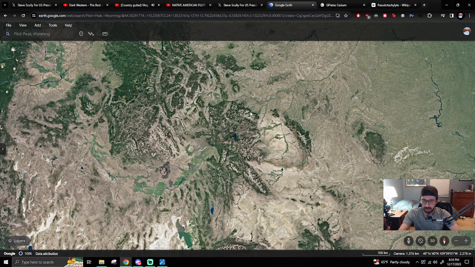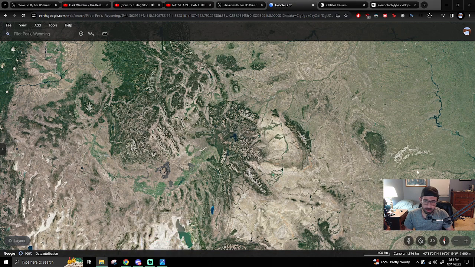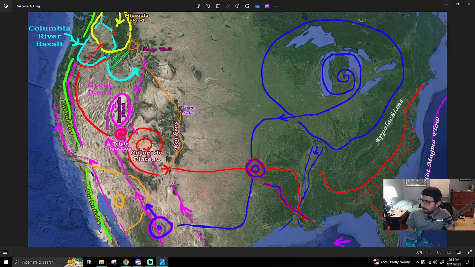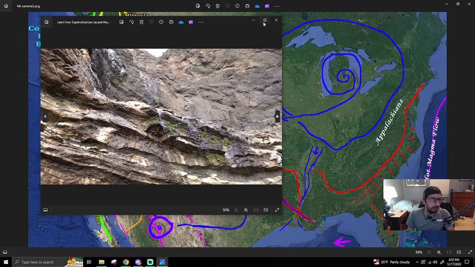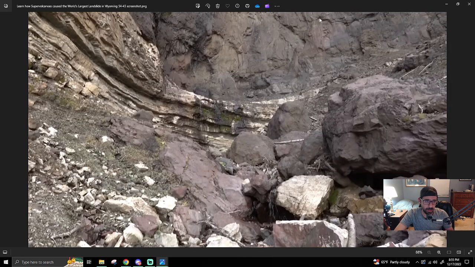Okay, so big chunk, then maybe go back here, wherever I was, on my images. And this is the actual detachment location at Heart Mountain. It was up here and detached from here.